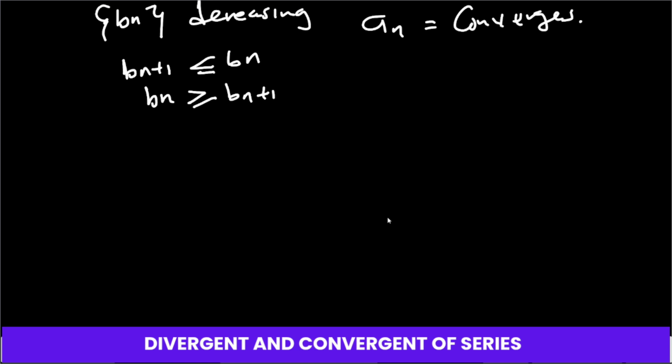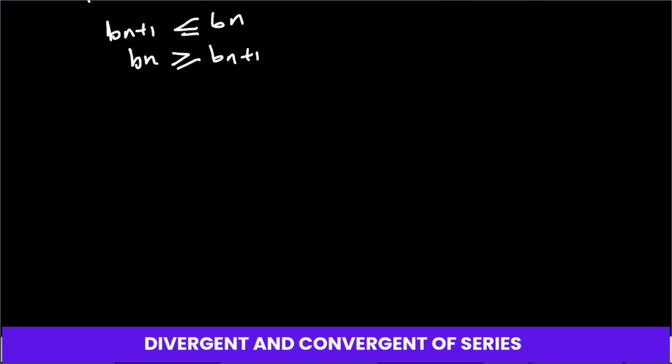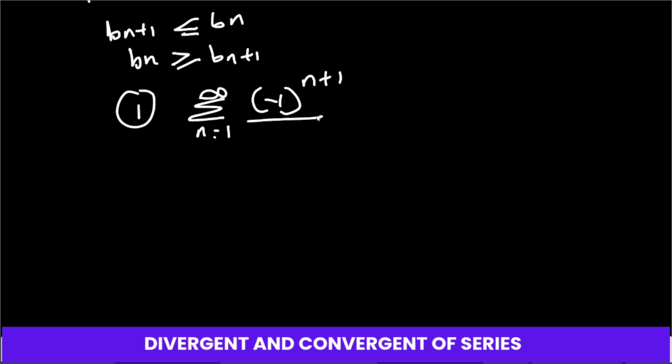Now let's look at an example. We have our example one. Let's say we have a series from n equals 1 to infinity of minus 1 exponent n plus 1, all divided by n.